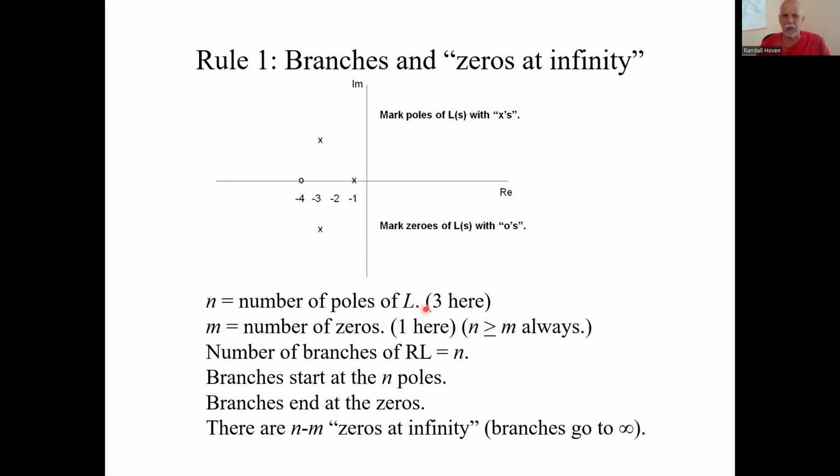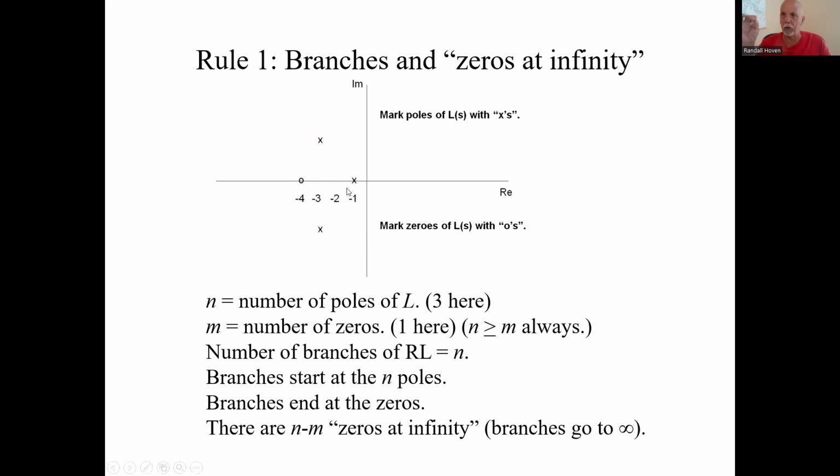Call the number of poles of L, call that N. In this case, there's 1, 2, 3. Call the number of zeros M. There's the 1. And N is always going to be greater than or equal to M. The number of branches of the root locus is the same as the number of poles of L. That's how many poles there's going to be of the closed loop system as well. Branches start at those poles.